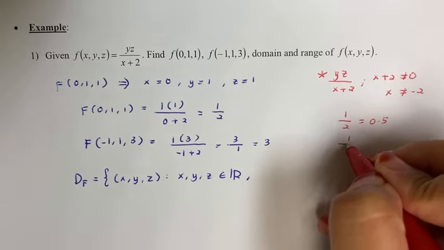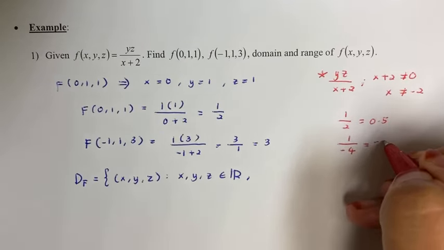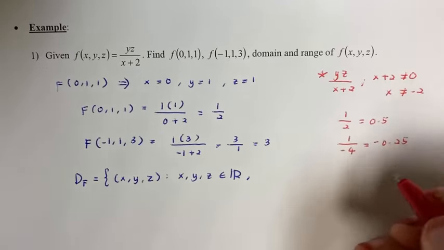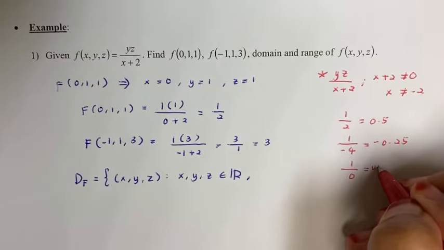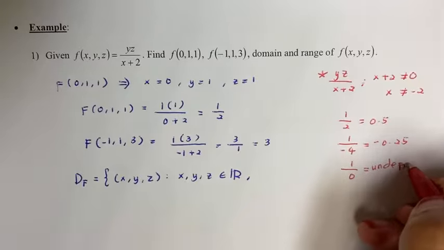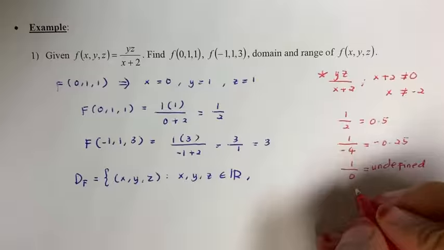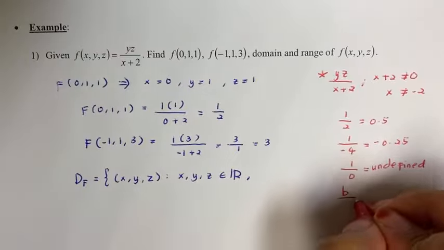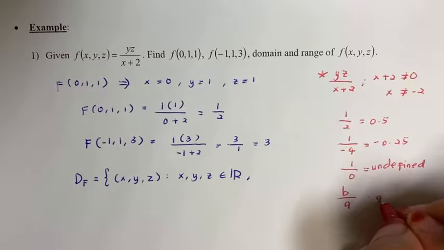If you have 1 over minus 4, this is minus 0.25. But if you have 1 over 0, this is totally undefined. That's why. So for this fraction, the restriction is when you have b over a, the a shouldn't be equal to 0.